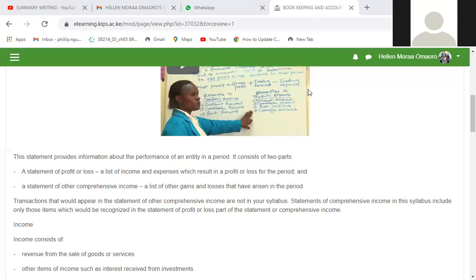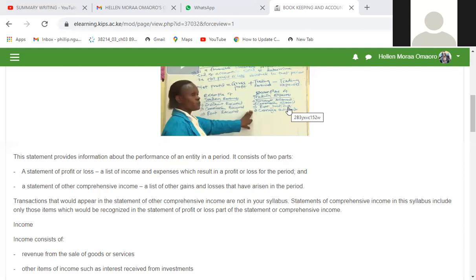Just a clear example of a trading expense. Commission. Which commission? Remember, there are two kinds of commissions. We have commission received and commission allowed. Which one is an expense? Commission allowed. Commission allowed.